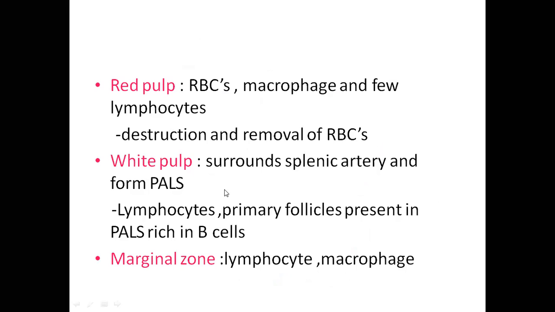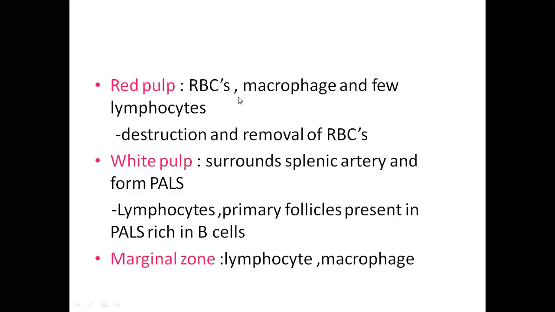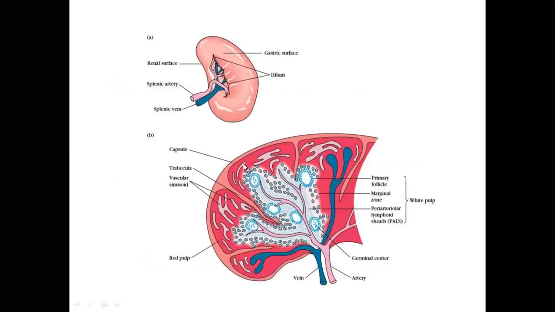Then white pulp surrounds the splenic artery and forms PALS. Lymphocytes and primary follicles present in it are rich in B cells. So you see, in the red pulp area, the RBCs, macrophages and a few lymphocytes are present, and destruction of the RBCs also takes place here.